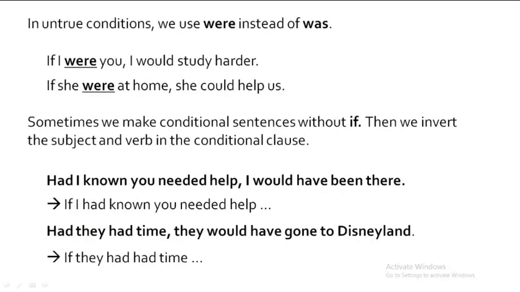In untrue conditions, use "were" instead of "was," even if the subject is I, she, or he. And sometimes we make conditional sentences without "if." Then we invert the subject and verb in the conditional clause.